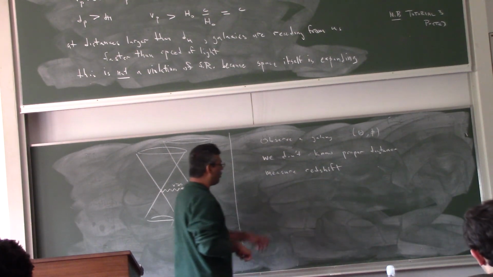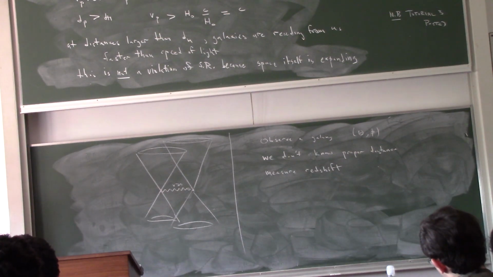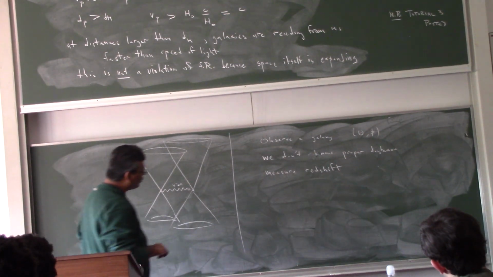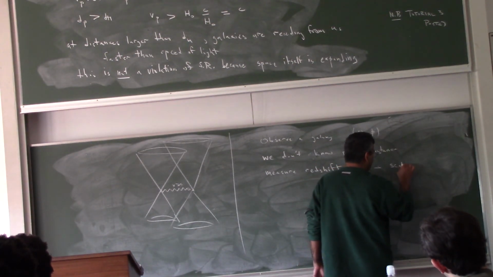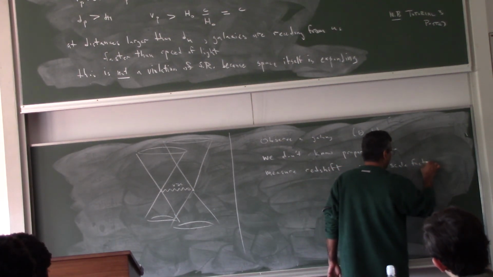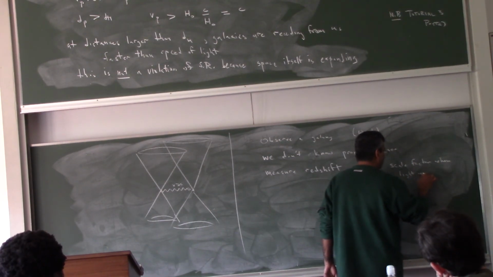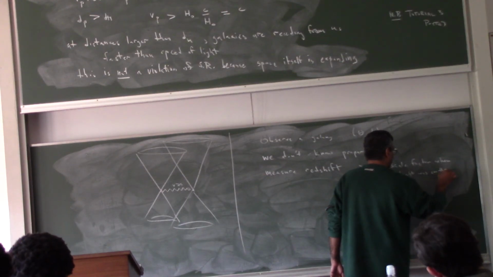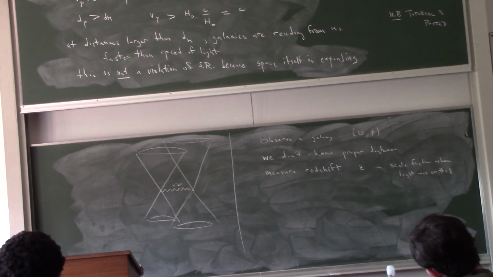So I want to check what the relationship between redshift and scale factor is. So the redshift z tells us, I claim, the scale factor when the light was emitted. Okay, so let's see how that works.